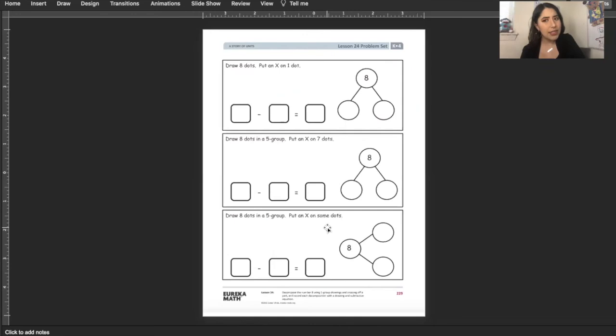That one looks like it's up to you. If you want to cross out 8, 7, 6, 5, 4, 3, 2, 1, or 0. I wonder which one you're going to pick. And that's it for today's problem set. And that's it for lesson 24.